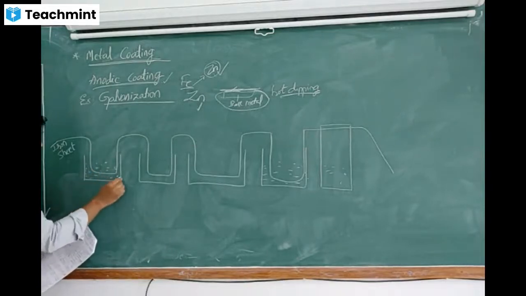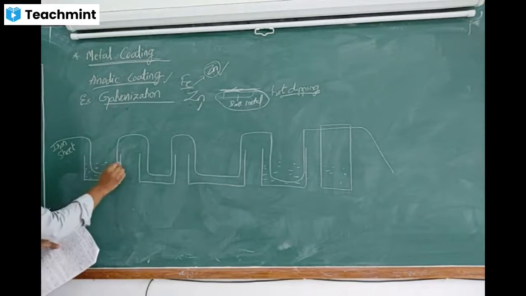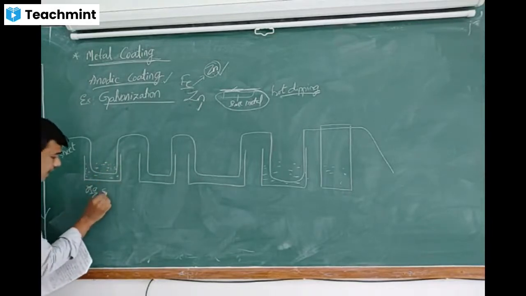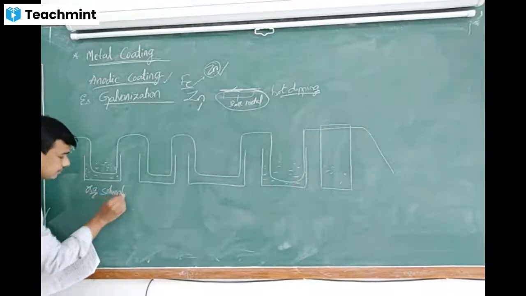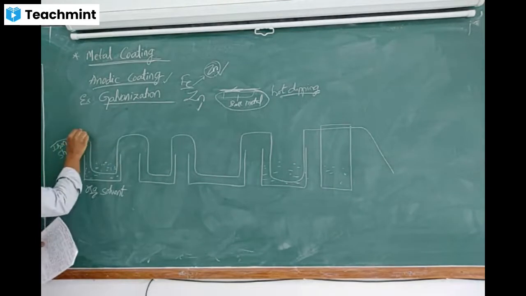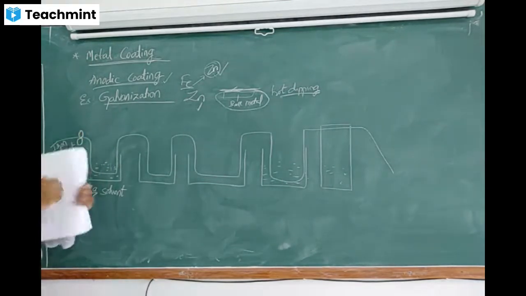If you have the notes, you can draw this diagram. The iron sheet is first dipped in organic solvent. These are the rollers.